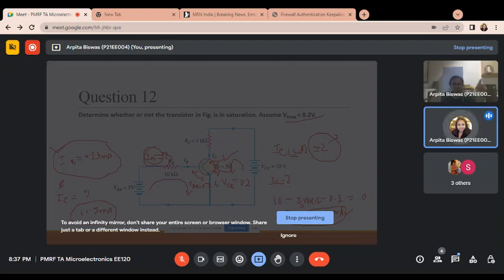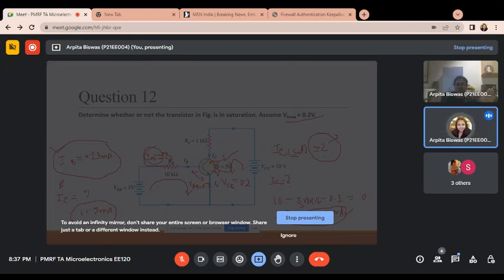For the saturation mode, the current is stable. If it is more than or equal to the saturation current, then we can say that yes, we have that much input current, so we are able to reach that stage. So this circuit is in saturation.